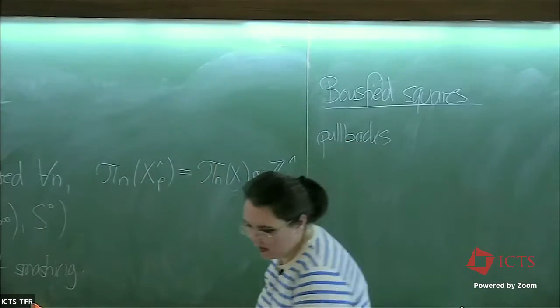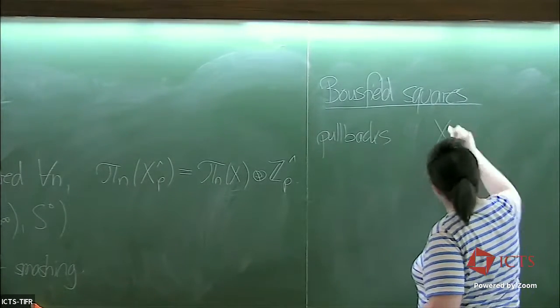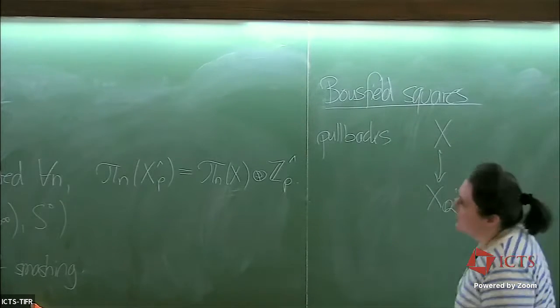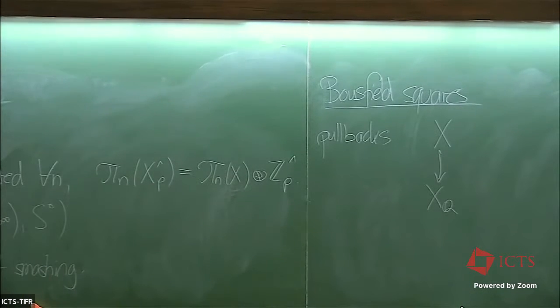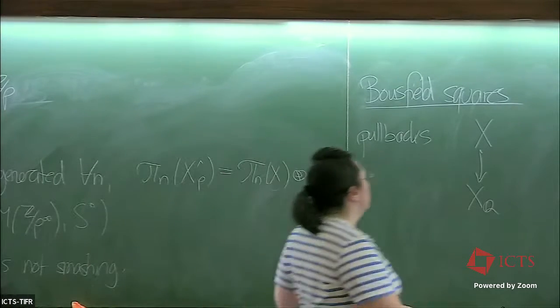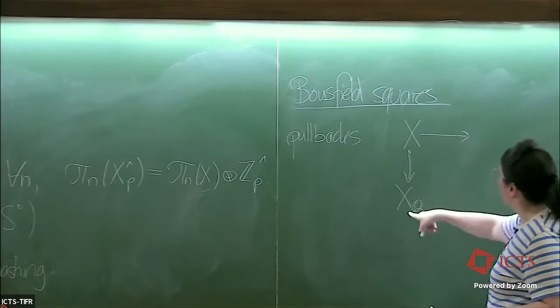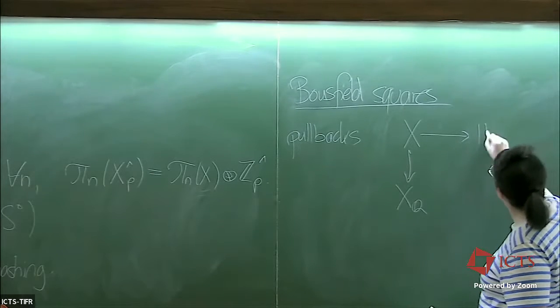There are two, or the two most commonly used ones are as follows. You take rationalization. Did I actually introduce that notation? No, I didn't. Just call that XQ, and you know what I mean. So you can reassemble the information of X from the rational information together with all P complete pieces.